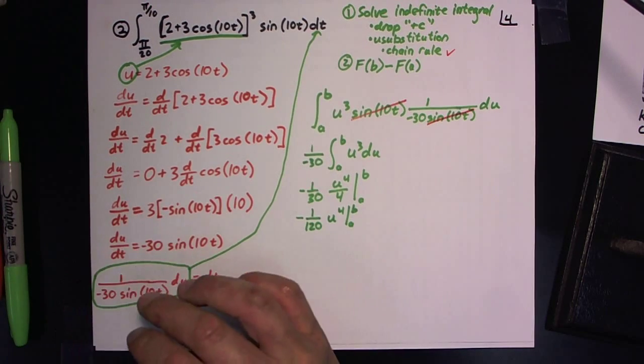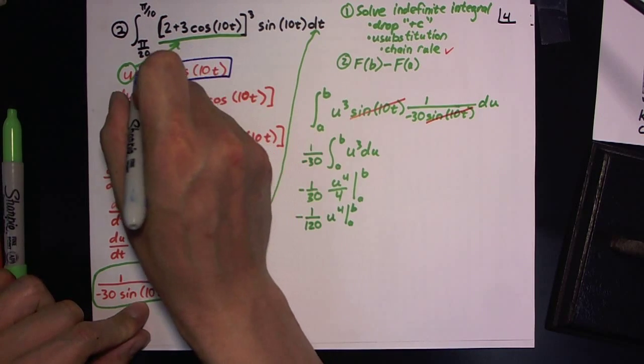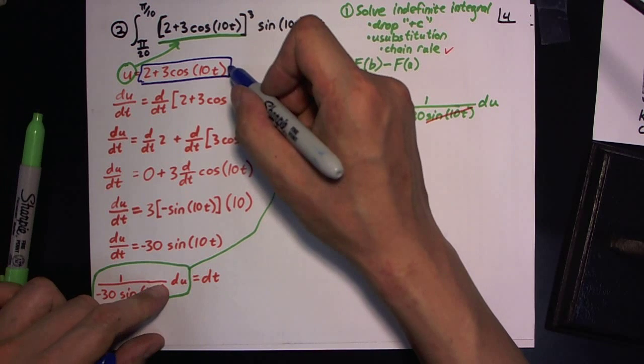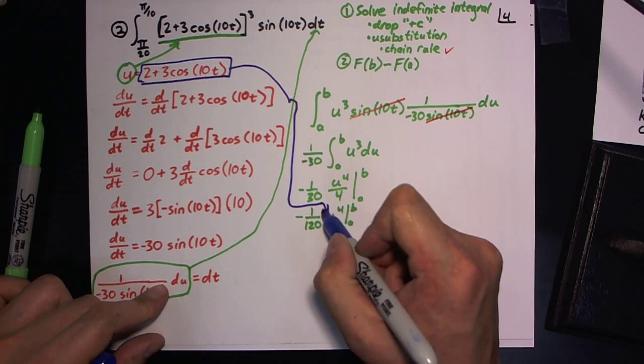Let's see, I already used green. How about blue? Okay, so take our function for u, and that goes into there.